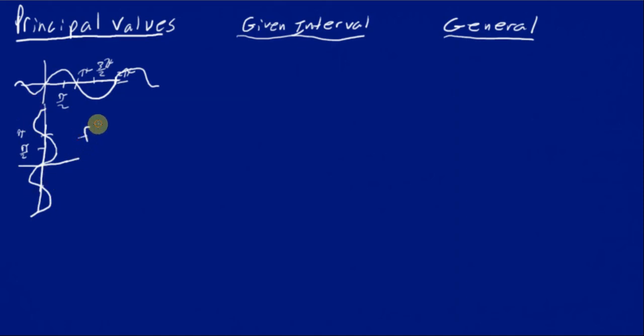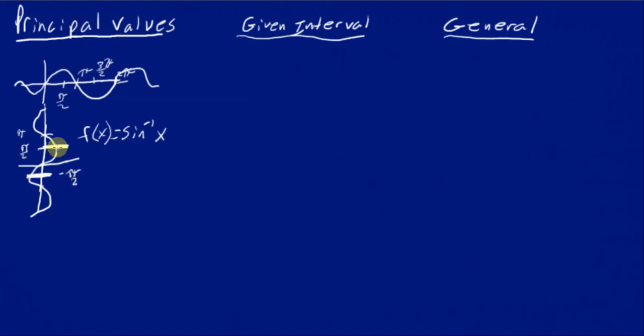Well, we want f of x, the inverse sine, to be a function, so we have to limit it, and we're going to limit it from pi over 2 to negative pi over 2.